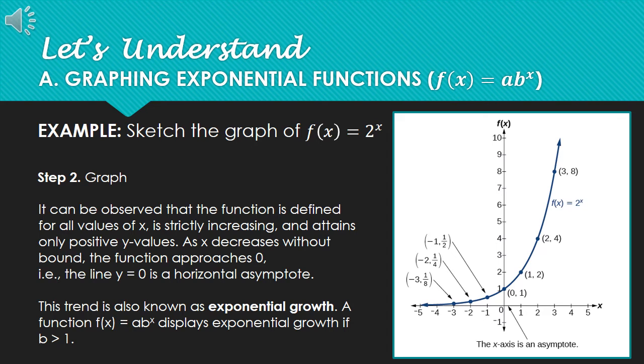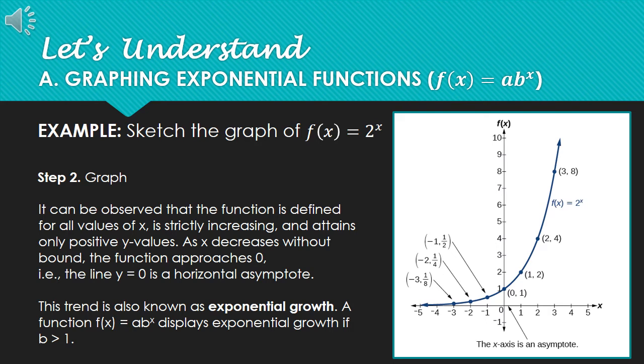It is also strictly increasing, yes it is, and attains only positive y values. Yep, as we said earlier, kahit ano yung value ng x, yung f of x natin or yung y natin, still increases. So, next, as x decreases without bound, the function approaches 0.